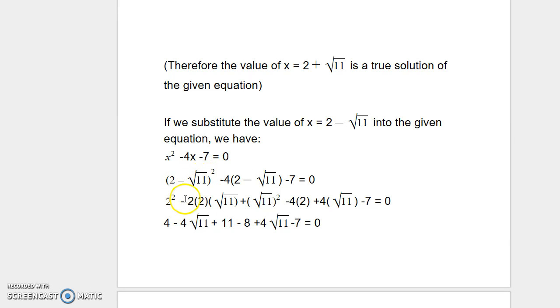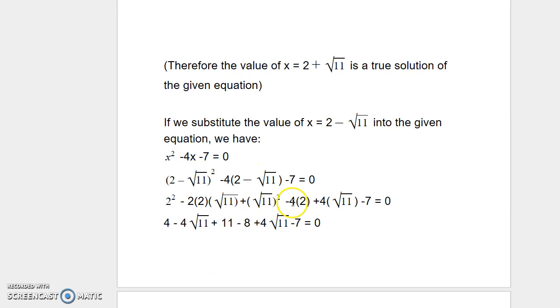2 minus square root of 11, the whole raised to the power of 2, minus 4 times 2 minus square root of 11, minus 7 is equal to 0. So again here, when we have two terms like this, 2 minus square root of 11, the whole raised to the power of 2, the first term raised to the power of 2 is 2 to the power of 2, minus 2 times the first term times the second term, 2 times 2 times the square root of 11, plus the second term raised to the power of 2, minus 4 times, we're going to distribute this 4 to every one of the terms inside the parentheses.